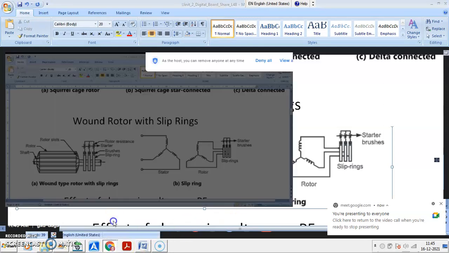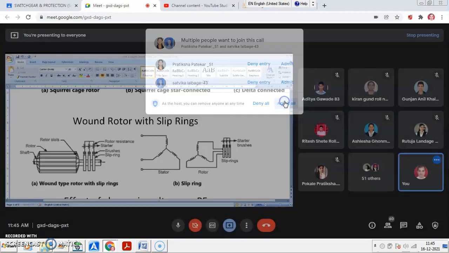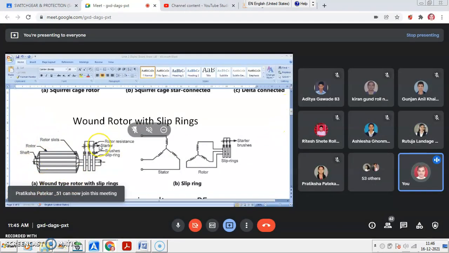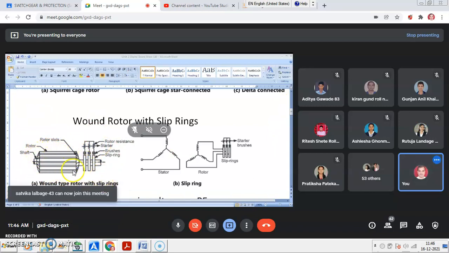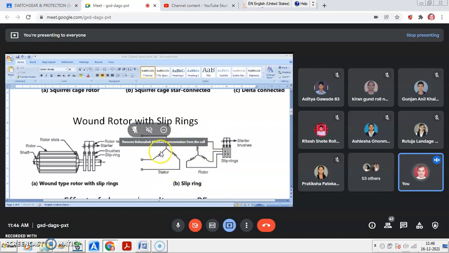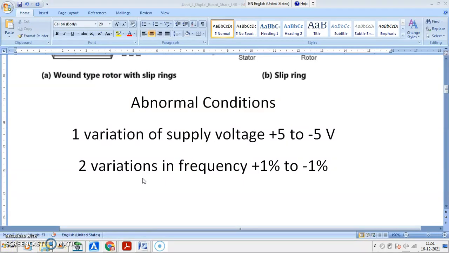Here, similar to the stator winding, rotor winding is provided in the rotor slots. Connections are brought out at the slip rings, and you may have connections either star or delta connected. So star connected stator, star connected rotor, or delta connected stator, delta connected rotor. Any doubt regarding this? It is limited as far as the behavior of motor is concerned.